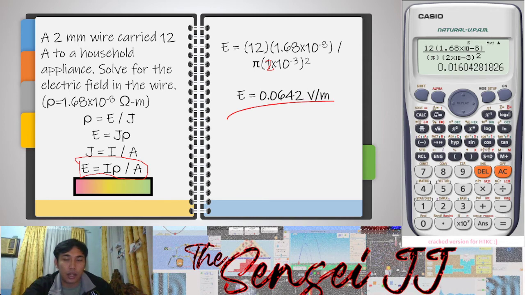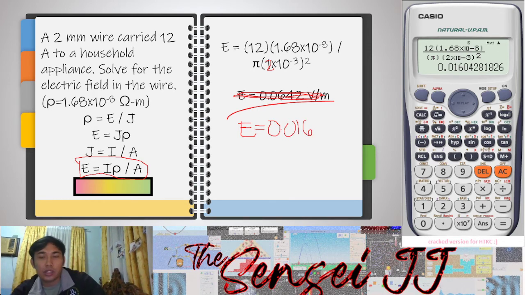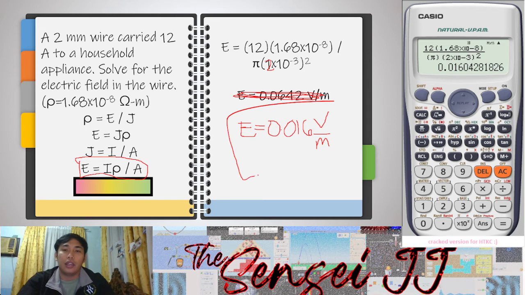Okay, so another typographical error. So we have our electric field strength E equivalent to 0.016 volt per meter.